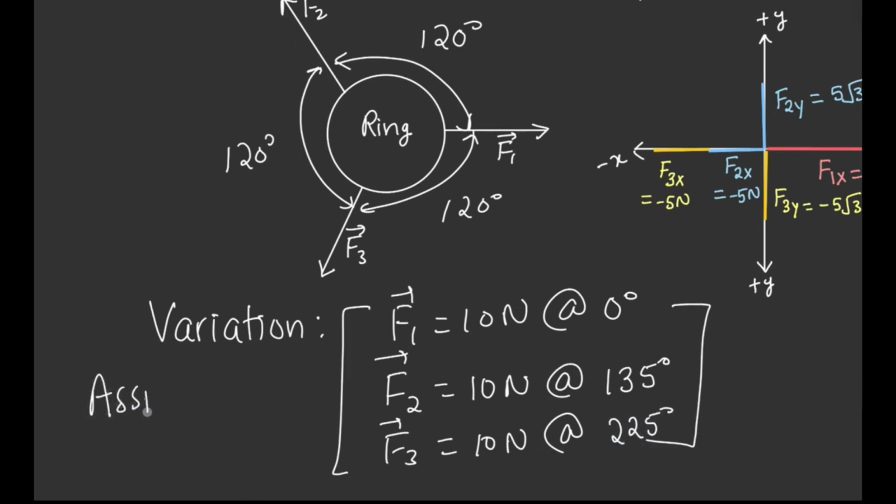Your assignment is to find the resultant of these three force vectors. So find the resultant force of these three force vectors. I will put the answer for that in the description for this video.